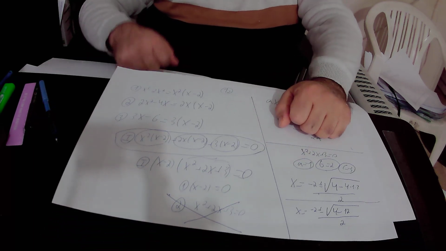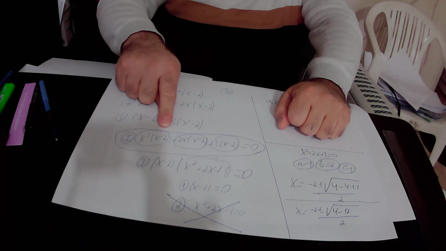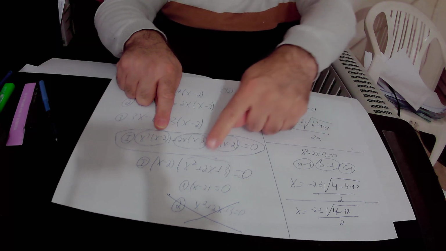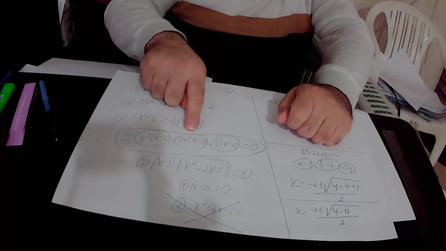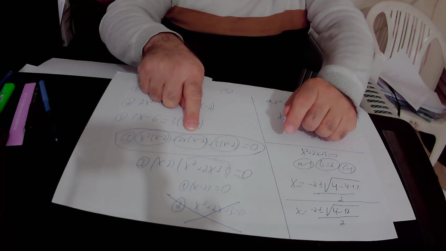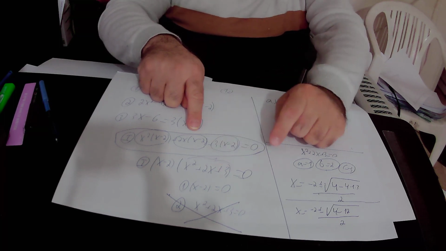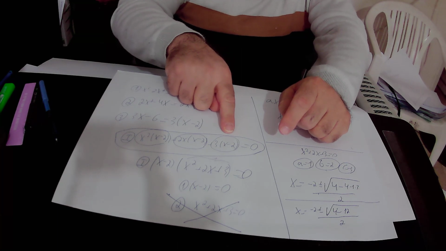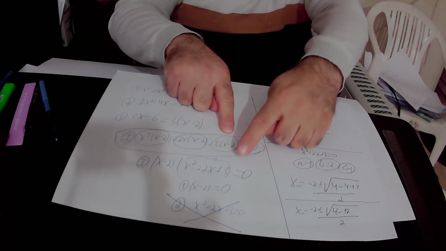What is left from this expression after we took x minus 2 as a common factor? It is actually x squared. What is left from this expression? It is actually 2x. And what is left from this expression? It is actually 3.